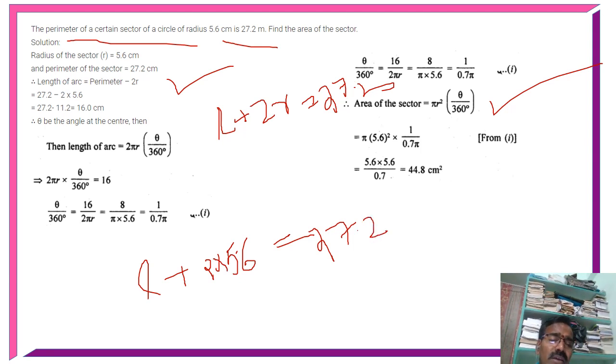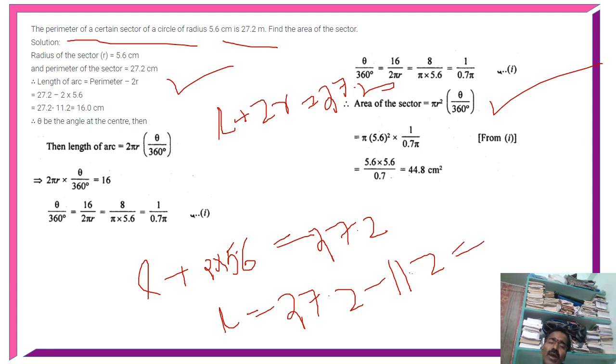L equals, if we transpose to the other side of the equality it becomes minus: 27.2 minus 2 into 5.6. 2 into 5.6 is 11.2. If we subtract 11.2 from 27.2 we get the length of arc. So 27.2 minus 11.2 is 16, the length of arc.